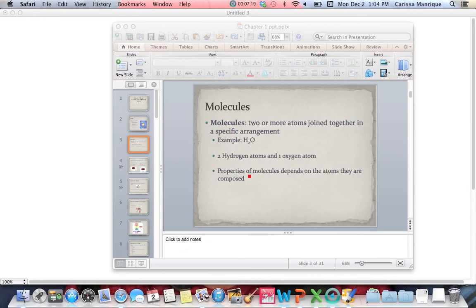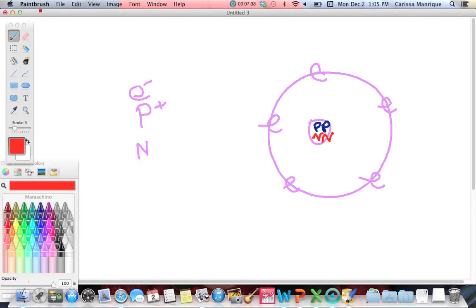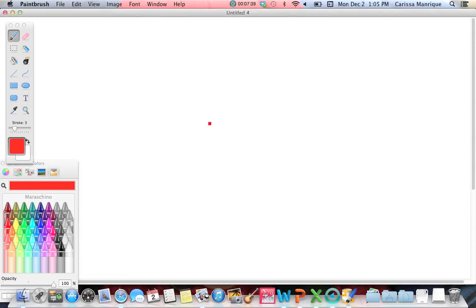Their properties depend on their composition. So for example, let's compare carbon monoxide to carbon dioxide. I have CO. Now let's think about this.